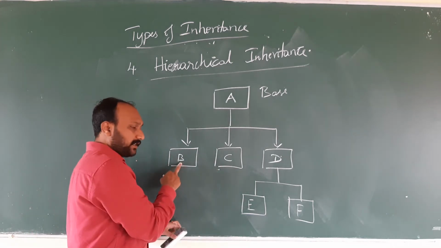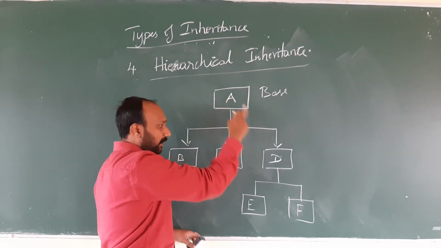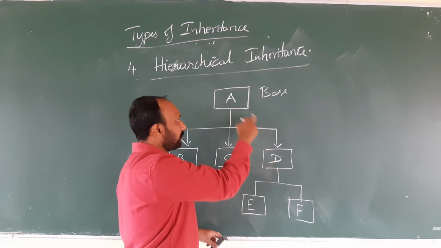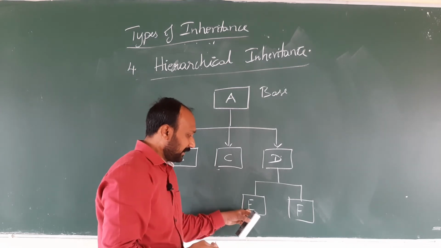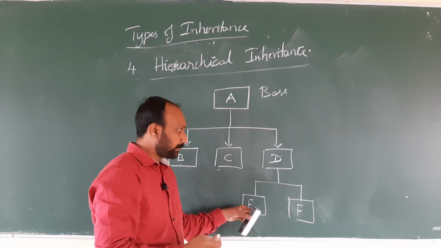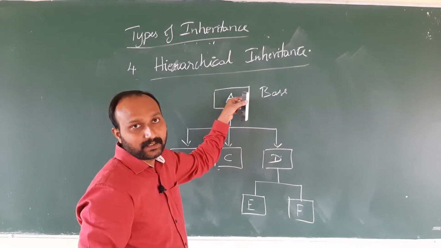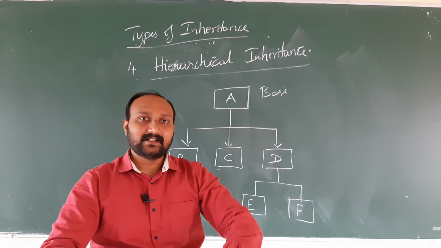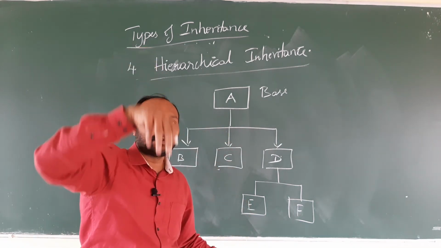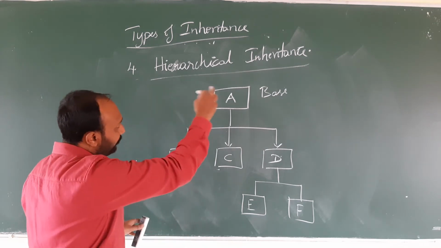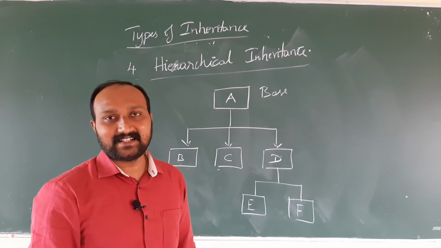Please notice here, class B has properties of A, C also has some of the properties of A, and the derived class D also has some properties of A. Similarly, class E has some of the properties of D as well as the properties of A. So here there is a hierarchy, a flow of communication, a line of control. This type of inheritance is referred to as hierarchical inheritance.